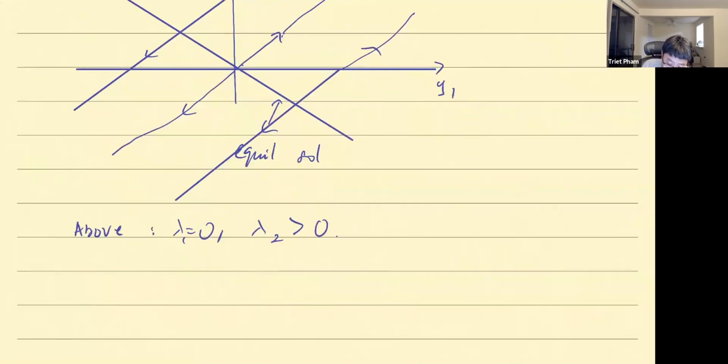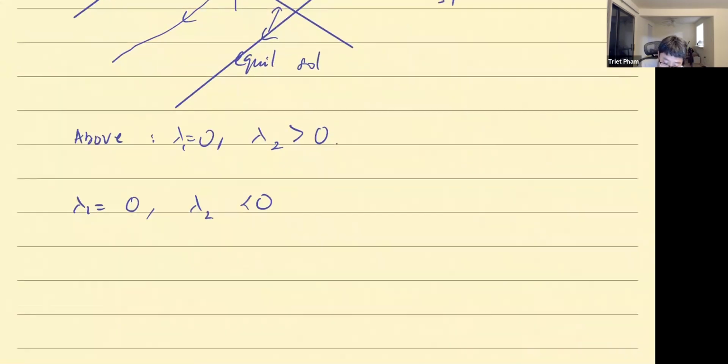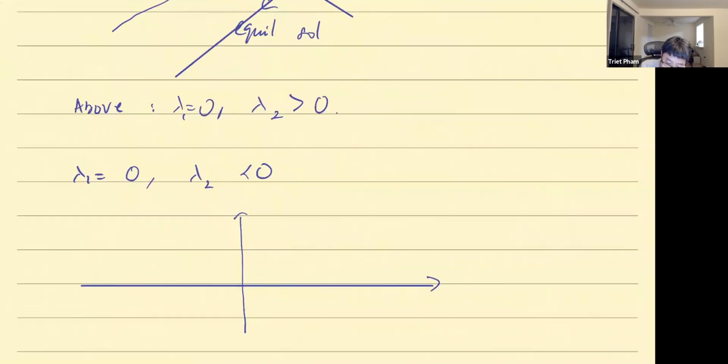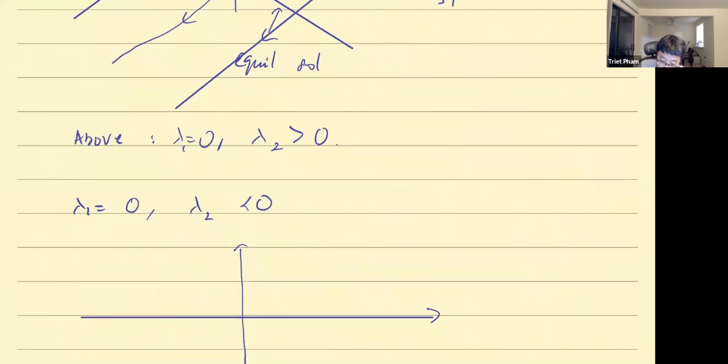And then, for the case when lambda 1 is equal to 0 and lambda 2 is negative, then you have a very similar graph, but the direction will be going in, okay?